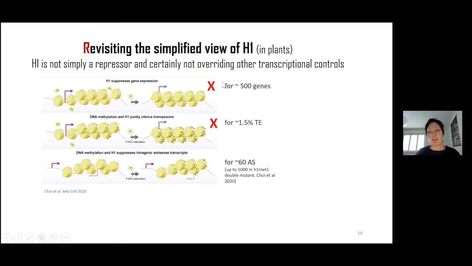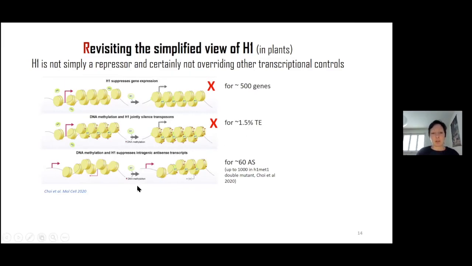Well, I would say that's true, but only for about 500 genes. So what about all the 25,000 genes? This model also proposes that H1, together with DNA methylation, silences transposons. And again here, yes, that's true, but only for 1.5% of transposable elements. So what happens for the other 98.5% of transposable elements?